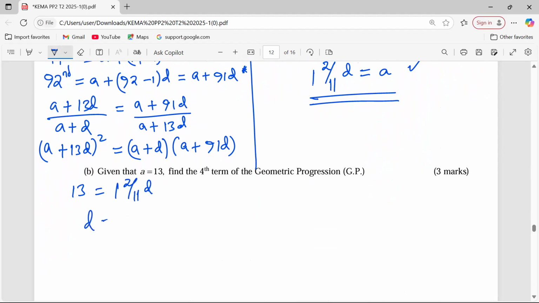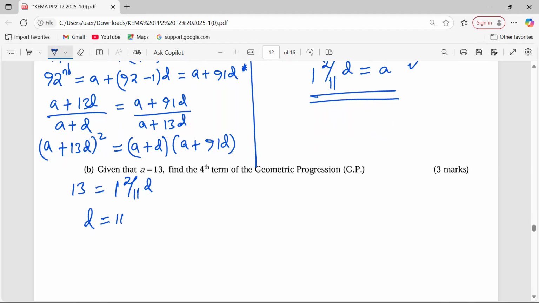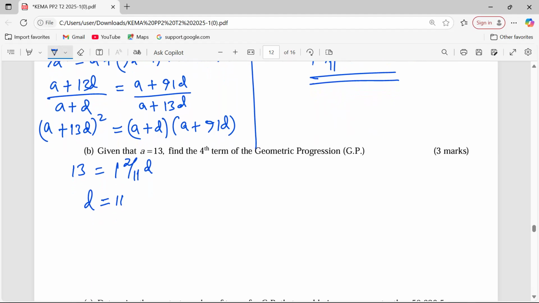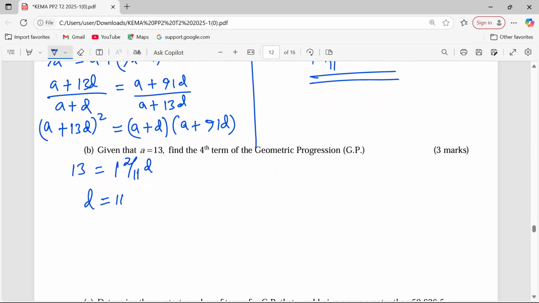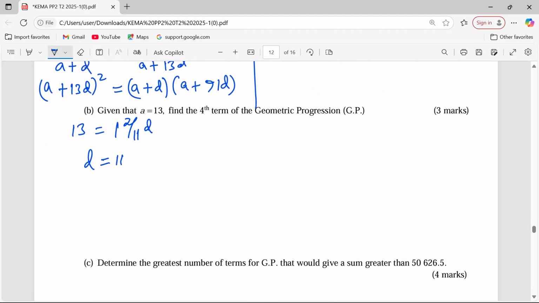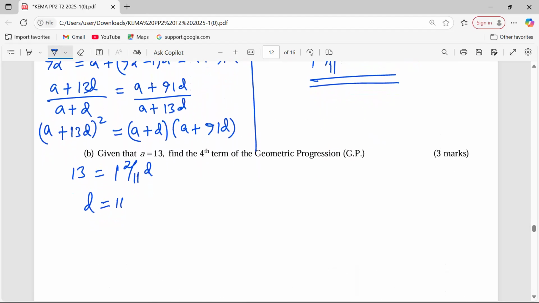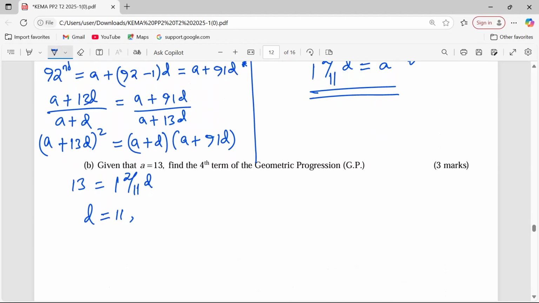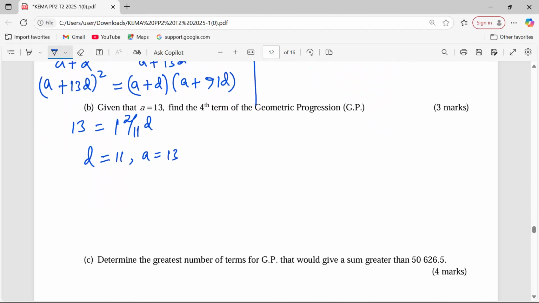To remain with d, we divide through and get the value of d as 11. If d is 11, then a can be found, and a is 13. It's already given.